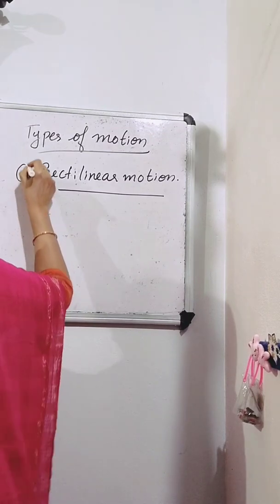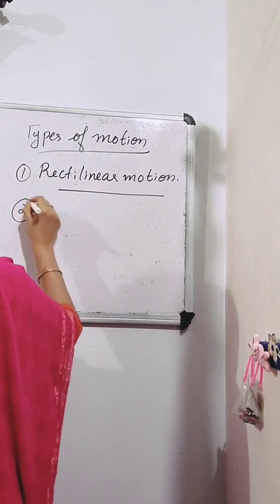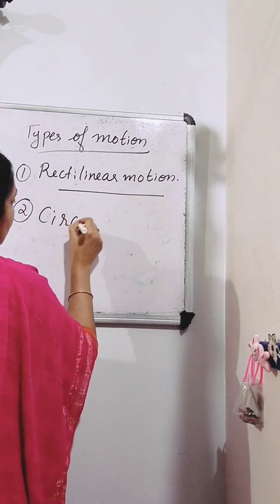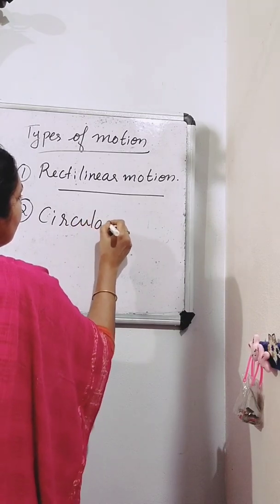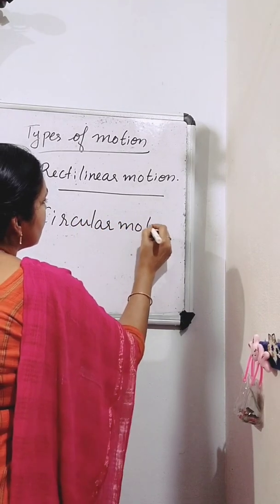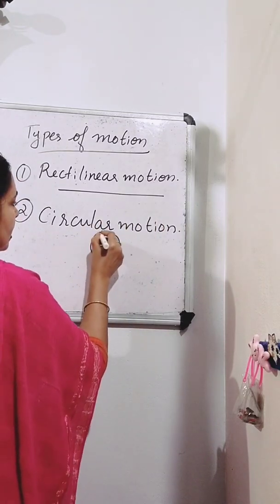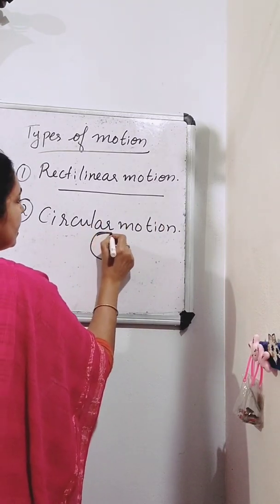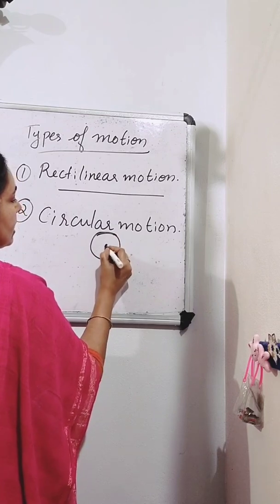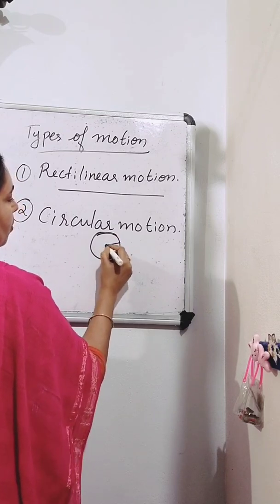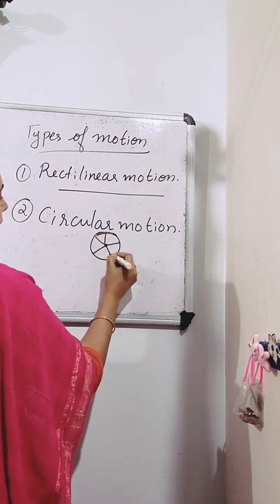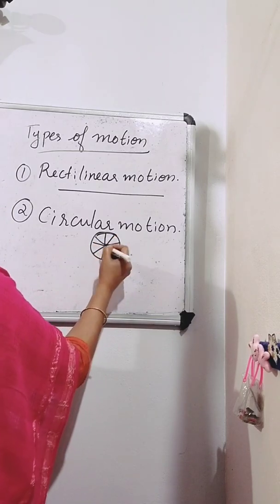So the first type was rectilinear motion. Now if it is moving in a circle, we call that motion circular motion. The distance from the center will always be the same in a circular motion.